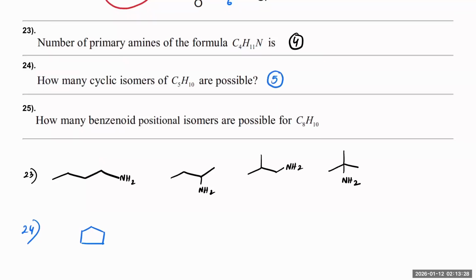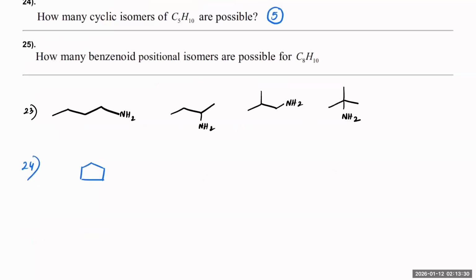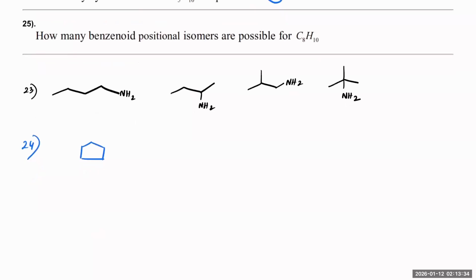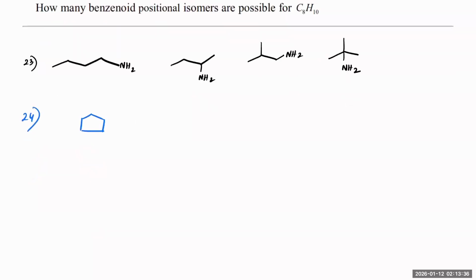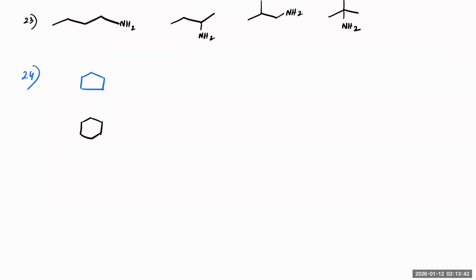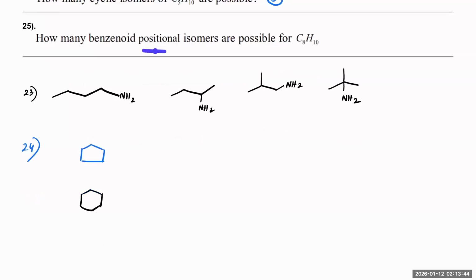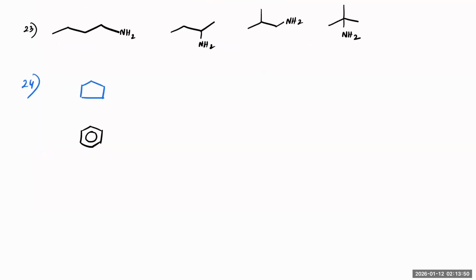Okay. Next. How many benzenoid positional isomers are possible for C8H10? So basically, we need to have benzenoid. So here, like this. And what did he ask? Benzenoid positional isomers. If you want positional isomers, that means the only way possible is having two same groups.